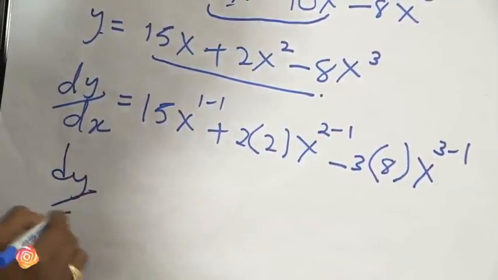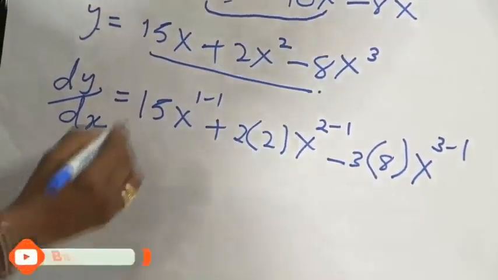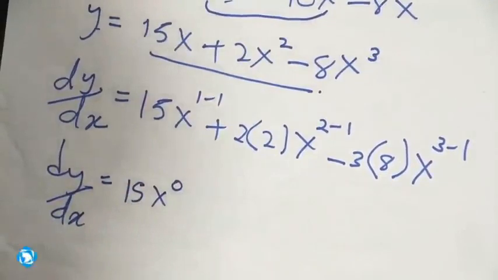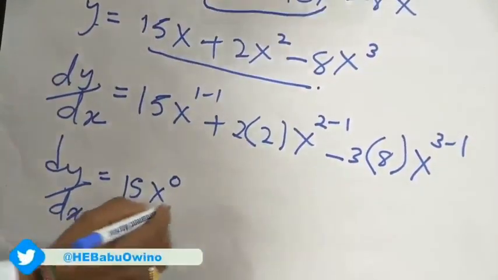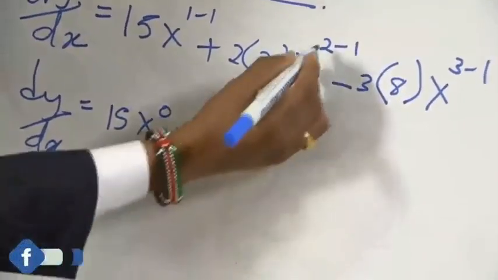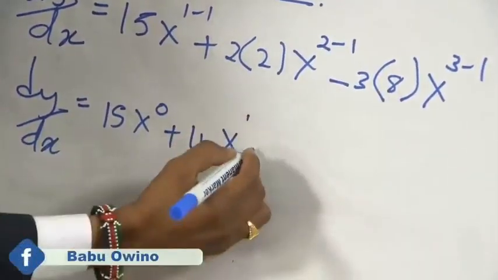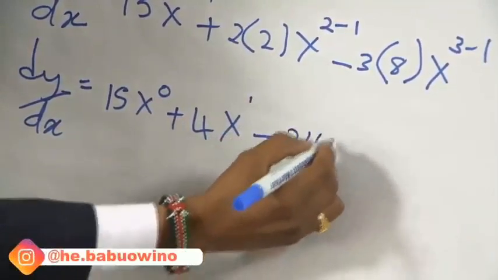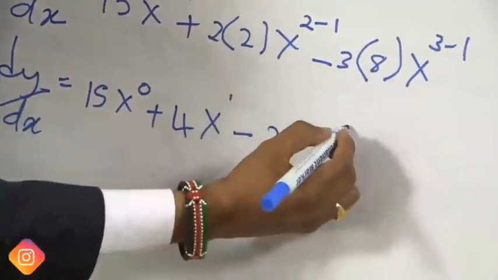So dy/dx equals 15x raised to power 0, 1 minus 1 is 0, plus 2 times 2 is 4x, 2 minus 1 is 1, minus 3 times 8 is 24x, 3 minus 1 is 2.